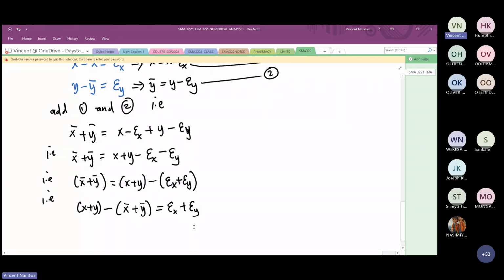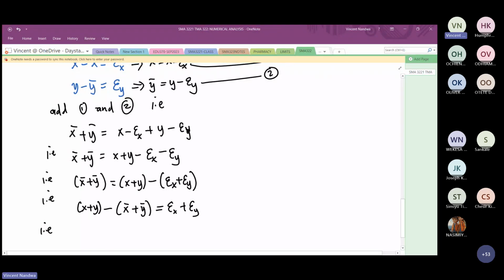Then you see this first bracket is summing the exact quantities x and y, and this other sum is the sum of the approximate values of x and y. So whenever we have an exact minus an approximate, it always defines an error.